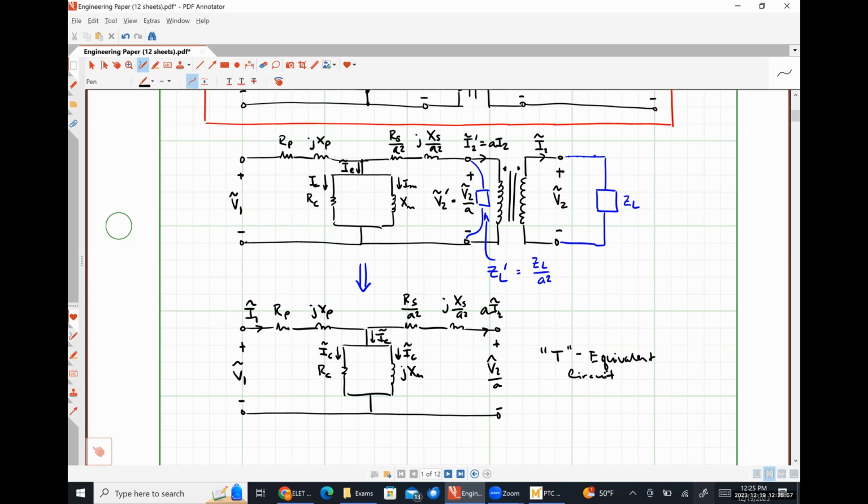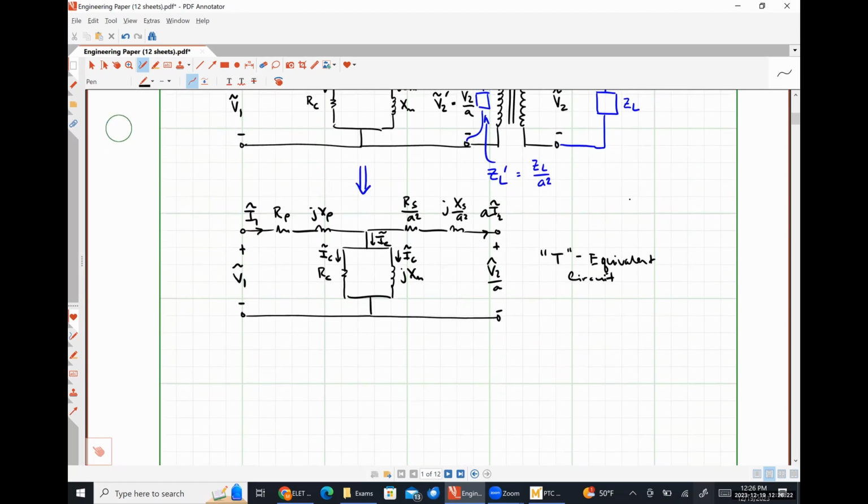So in most constant voltage fixed frequency transformers, like those used in power transmission and distribution applications, the magnitude of our excitation current, I sub E, is very, very small, usually between 2 and 5% of the rated winding current, I1. So let me write that down real quickly.